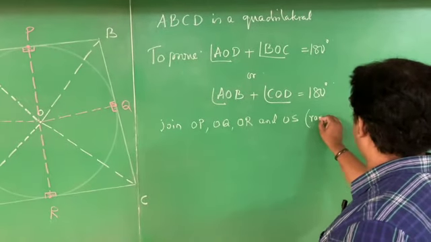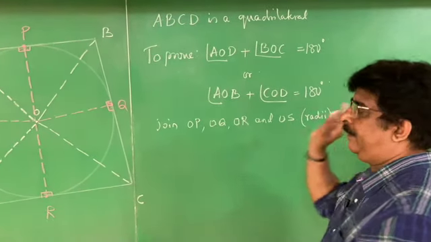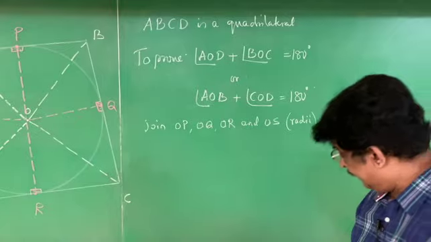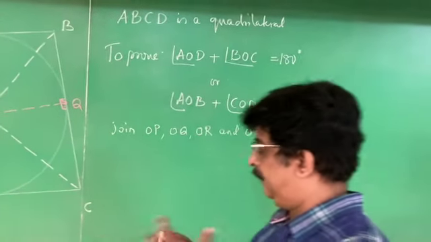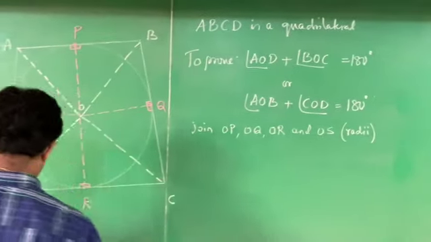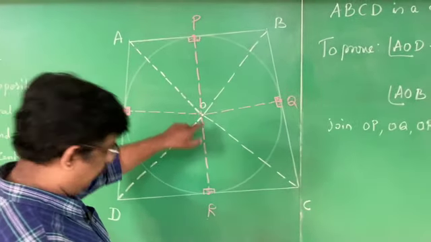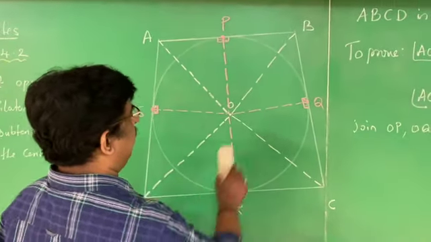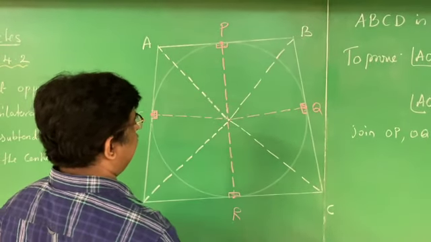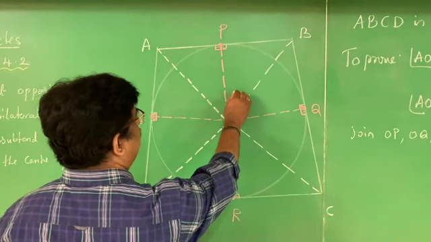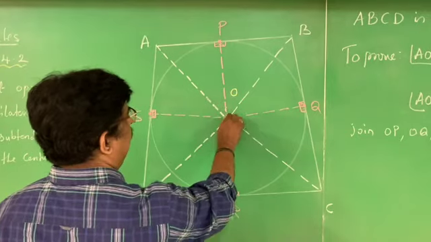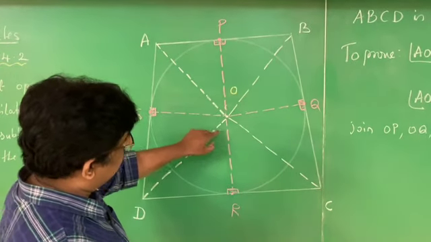Then, to make it a little more convenient, I name the angles, because I want to find the angle subtended at the center.